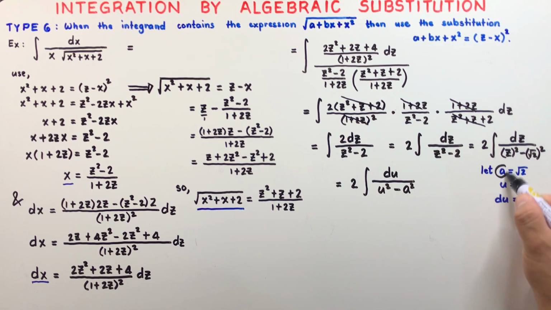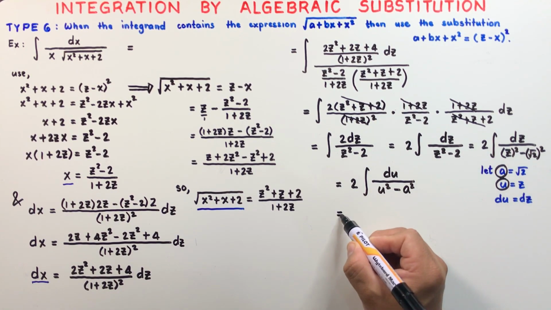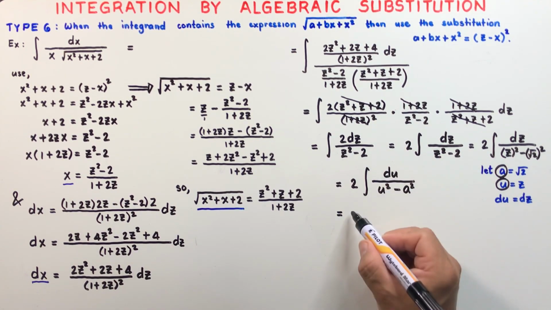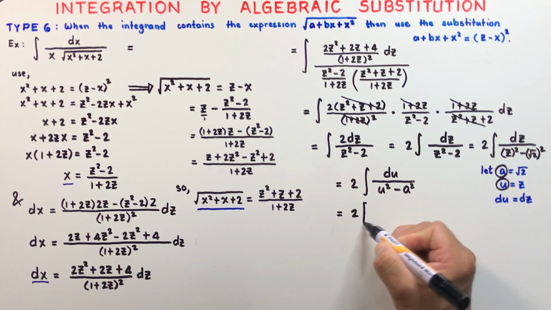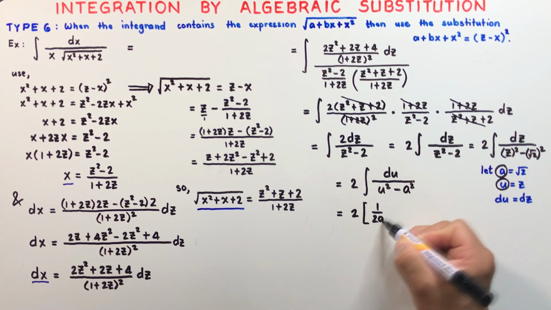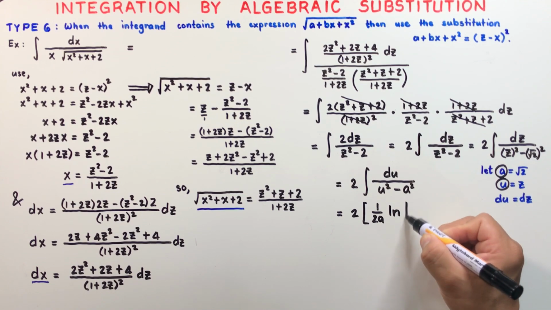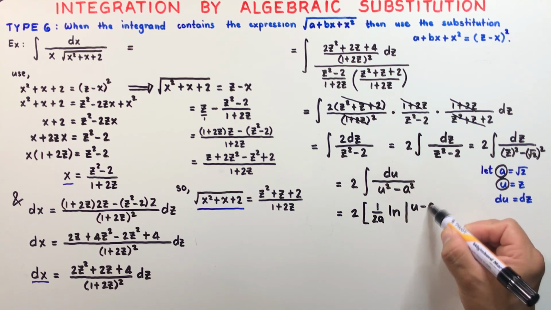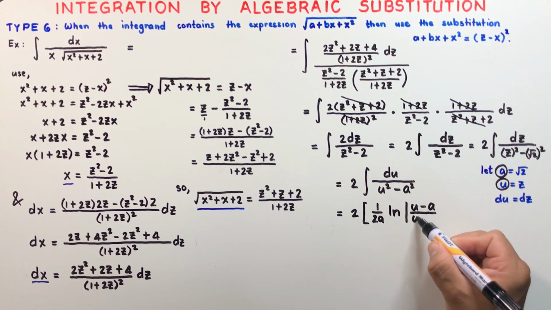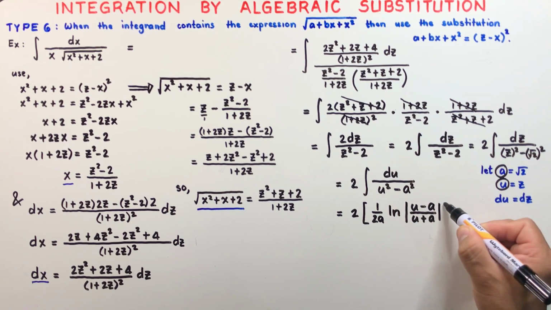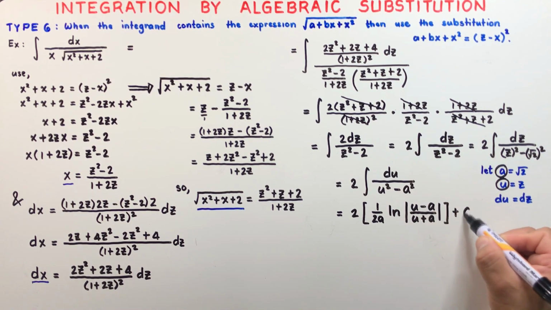because the square root of 2 is our a here. And we know from our previous video that the integral of this is equal to 1 over 2a times the natural log of the absolute value of u minus a over u plus a, and this is added to the constant of integration c.